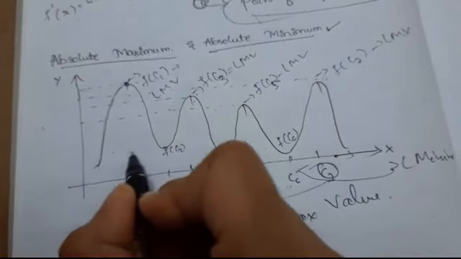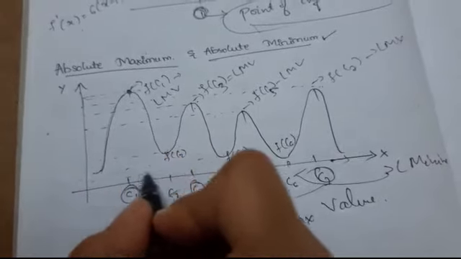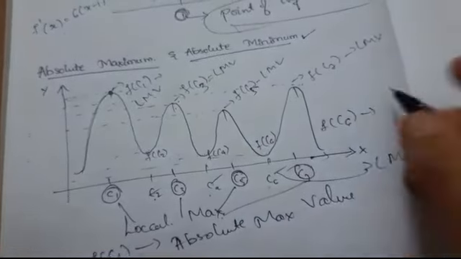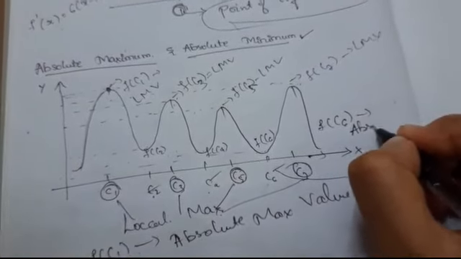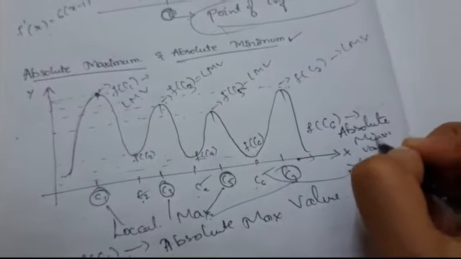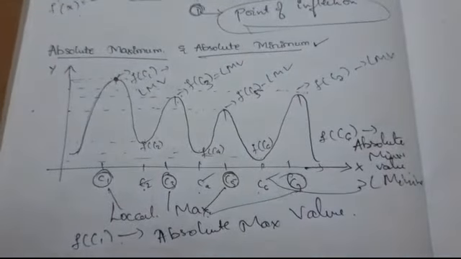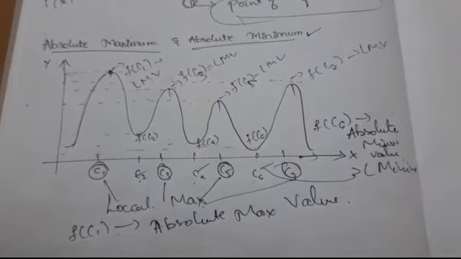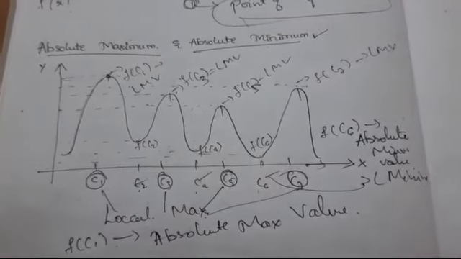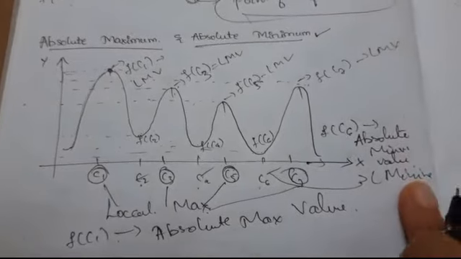Suppose if we see the points, out of these 3, which is the lowest one? Here f of C6, this value is the lowest one, then f of C6 is called as absolute minimum value. So it is absolute maximum value. The local minimum value can become an absolute minimum value when it is the minimum out of all the local minimum values within the given interval, then that local minimum value will become the absolute minimum value.